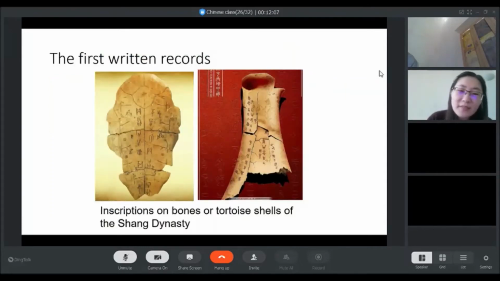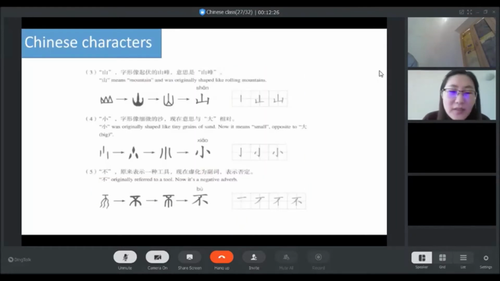So this is the first written records found in China. These bones and shells we can find in many museums in China. So let's look at some Chinese words first.